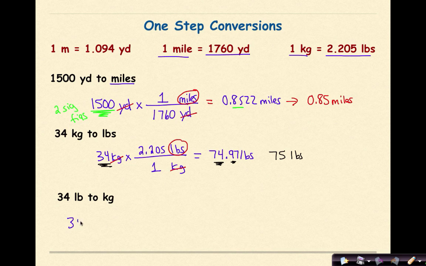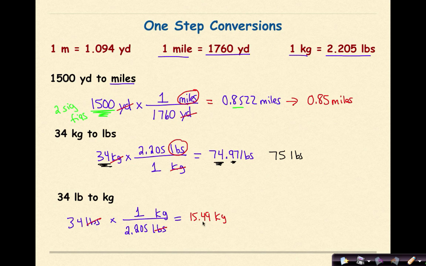I have 34 pounds to start with. Multiplication sign and a line. Pounds are going on the bottom. Kilograms are going on the top. Again, I know that 1 kilogram is equal to 2.205 pounds. I am going to make sure that my units are set up correctly. So pounds cancels pounds. 34 times 1 divided by 2.205 is going to give me 15.49 kilograms.